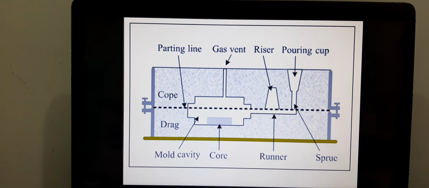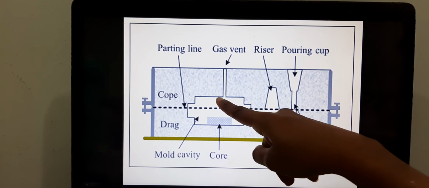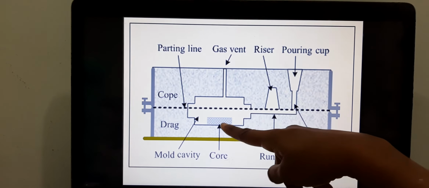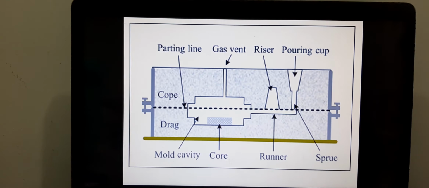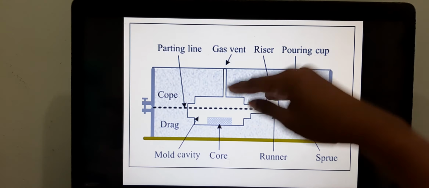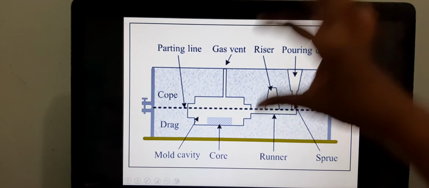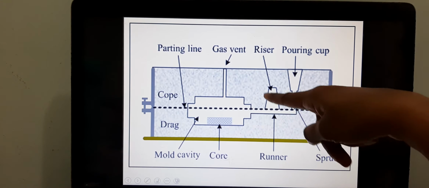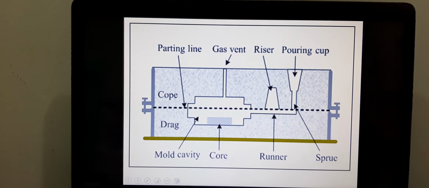Like I mentioned to you, first of all, you're going to put in half of the pattern in the cope and half of the pattern in the drag. Just before the pouring process, you're going to open up the screw, open up the cope and drag, remove the pattern and then close up, so you have the empty cavity that follows the shape of the pattern.